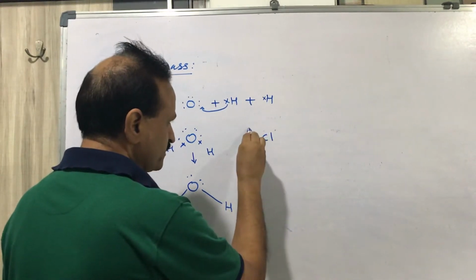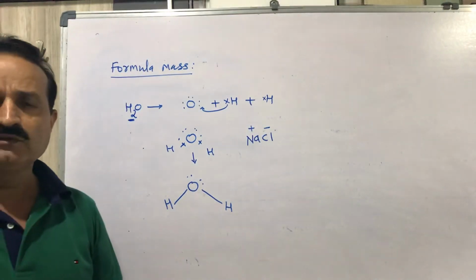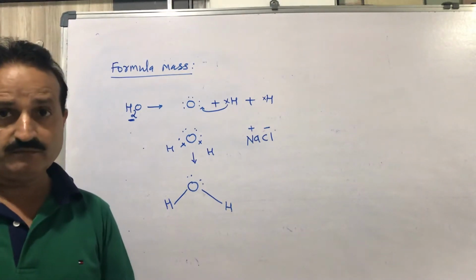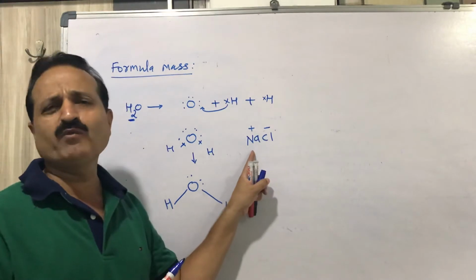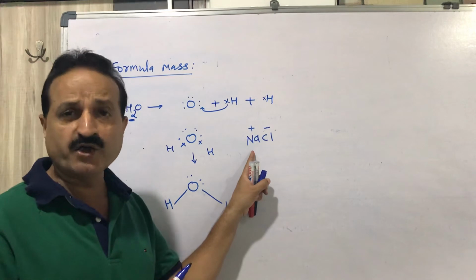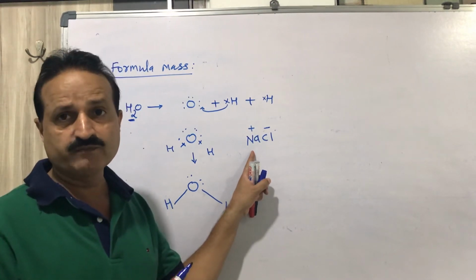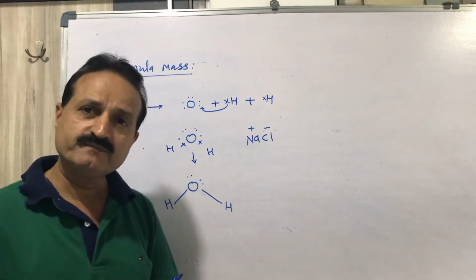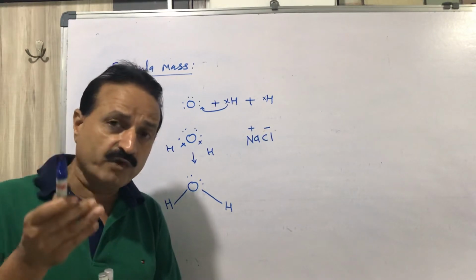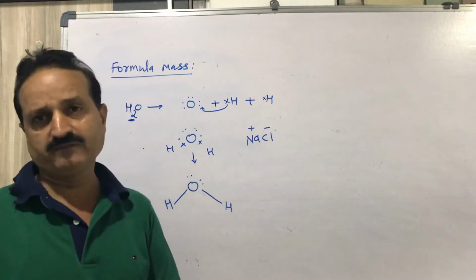In NaCl, sodium is a positive ion and chlorine is a negative ion. When an ionic bond is formed in a molecule, this is also a molecule, but a particular term is used for ionic compounds: not molecular mass, but formula mass. So where an ionic bond forms, it is not molecular mass, it is formula mass.